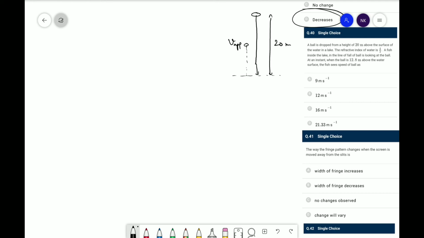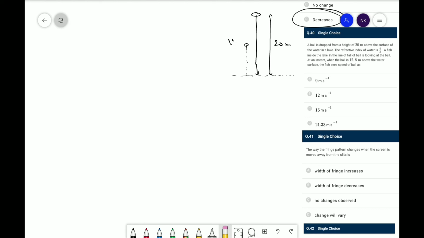When there are two media with different refractive indices, one medium is known as the apparent medium and the other as the real medium. Therefore the real and apparent quantities will be different.